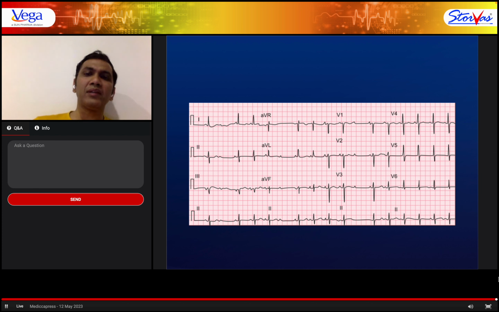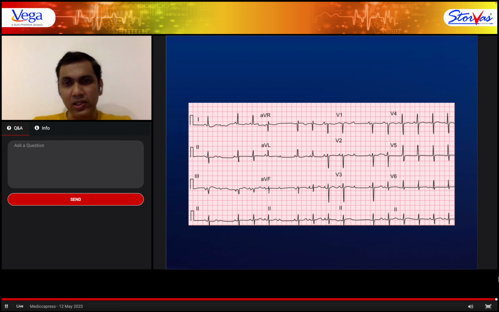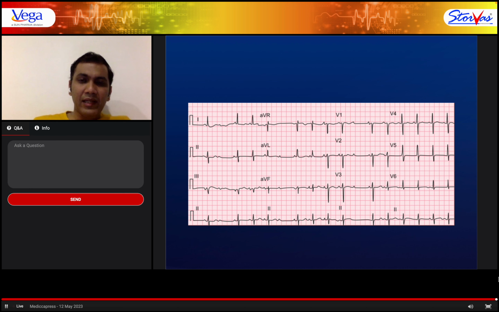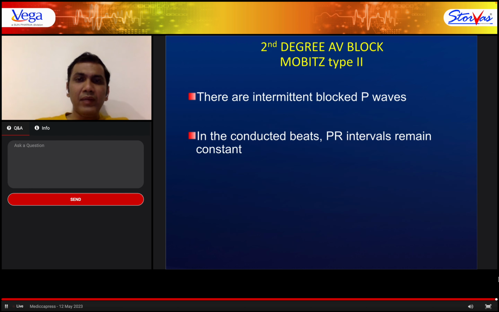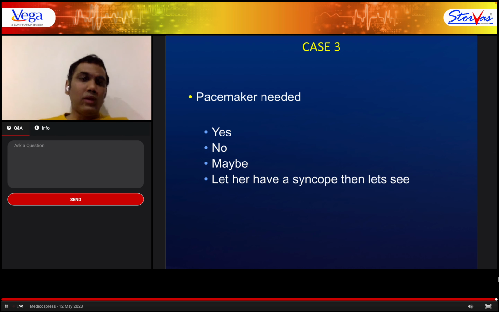This is commonly present in patients with anterior wall infarctions, especially in the acute stage. In delayed stages, when revascularization has not happened, this could also present at that time. So the question for this particular ECG would have been, was a pacemaker needed for this patient? Answer is a resounding yes.